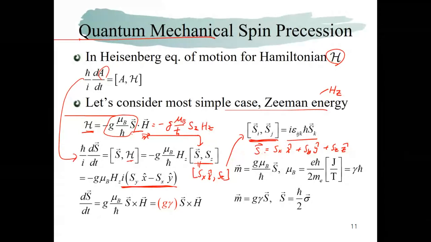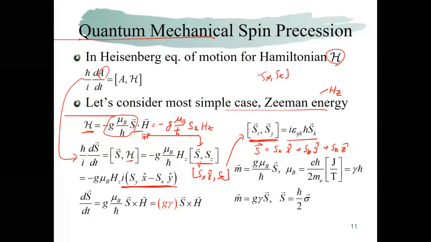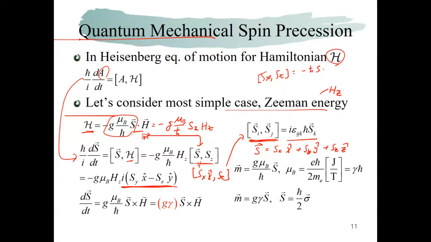If we have an S_x here, with a minus H bar S_y, and S_y S_z is plus H bar S_x, something like this. And for the S_z, it should be 0. So with this relation, we can obtain this result.